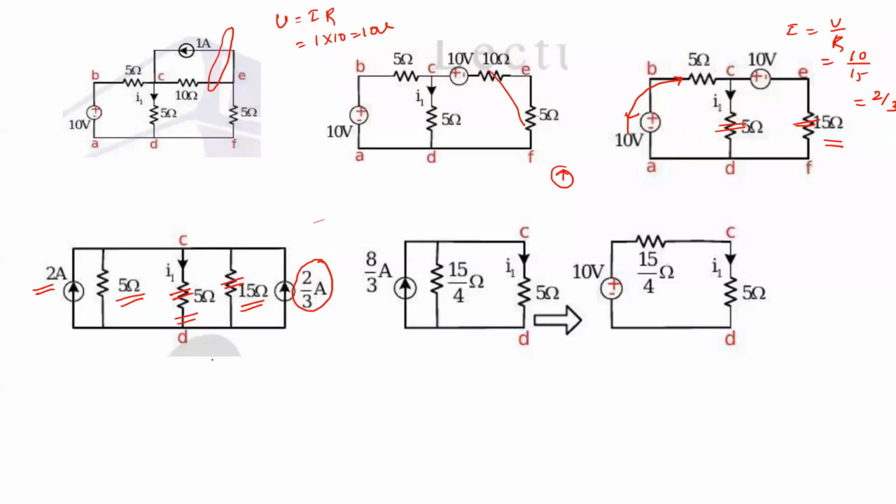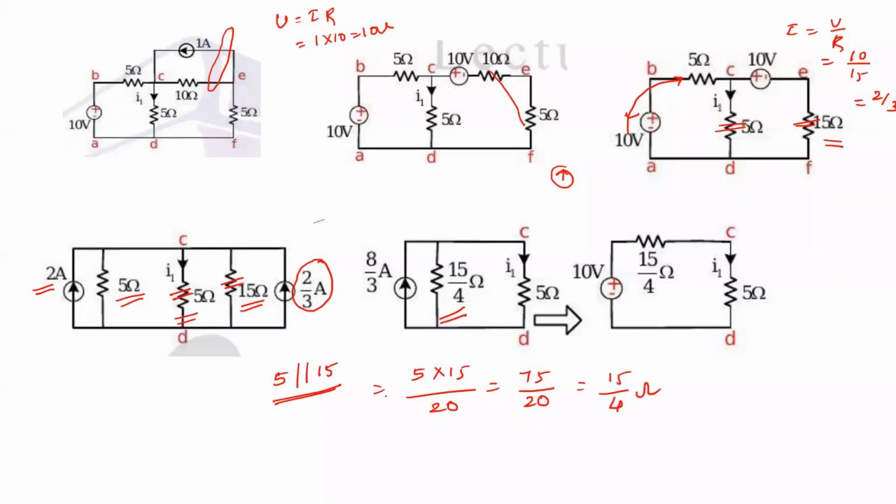So the equivalent resistance of 5 in parallel with 15, we can use a calculator, that is 5 into 15 divided by 20. 5 into 15 is 75, divided by 20, that is 15 divided by 4 ohm is the result.